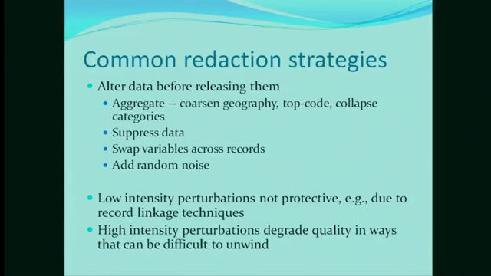Or categories are collapsed if there's not a lot of people in a particular level of a category, maybe we collapse that. So aggregation is done a lot in statistical agencies, and the hope, driven by this k-anonymity type idea, is that people who could be uniquely identified on a set of variables become replicates of each other, in some sense, on that set of variables.